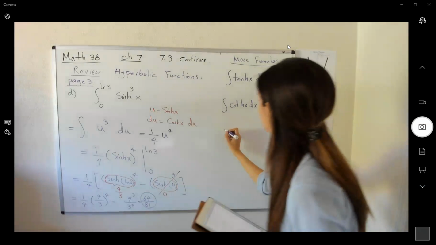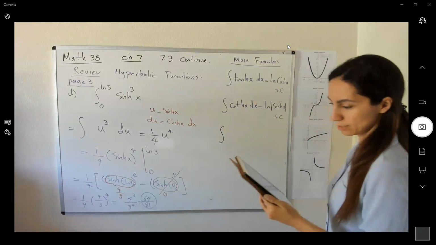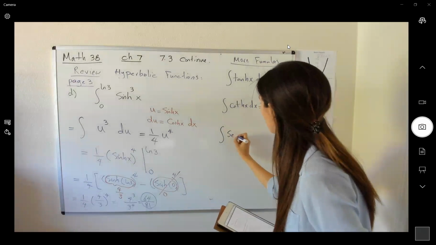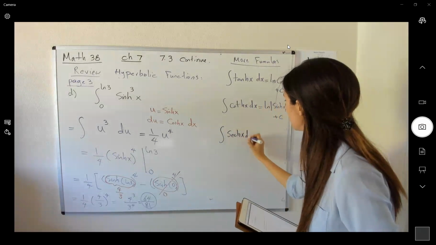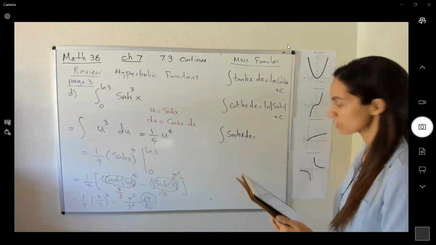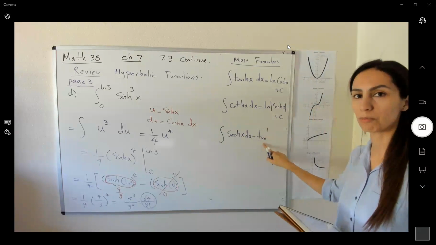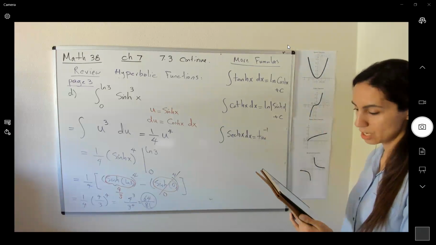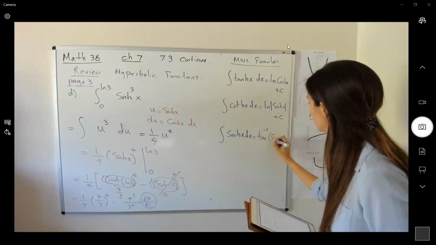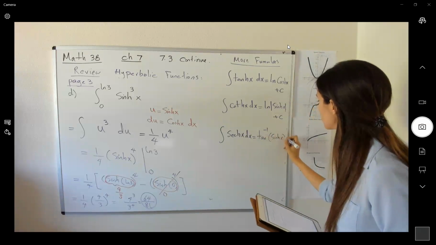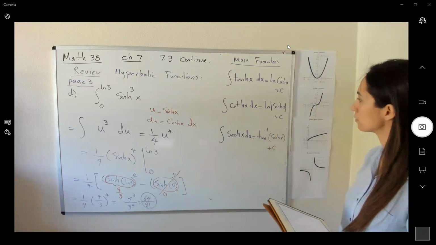For hyperbolic secant x dx, we get inverse tangent. Note that it's not hyperbolic tangent, it's just tangent. Inverse tangent of hyperbolic sine x plus the constant of integration.